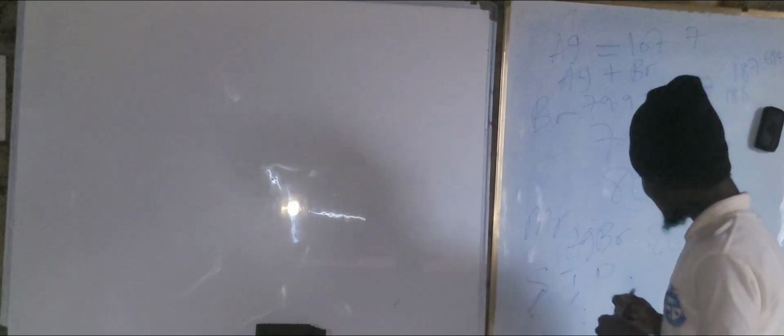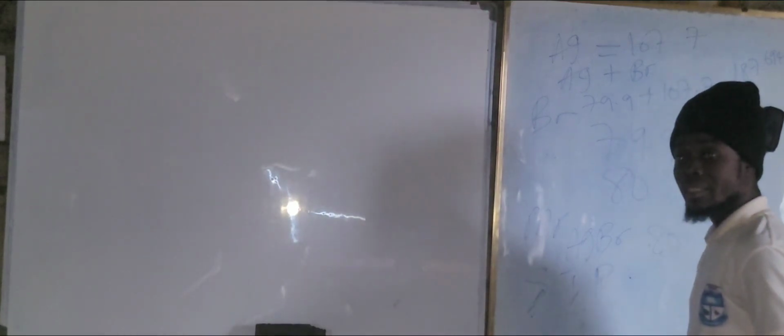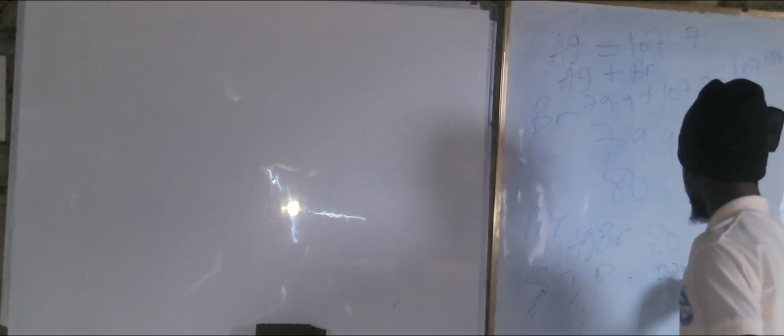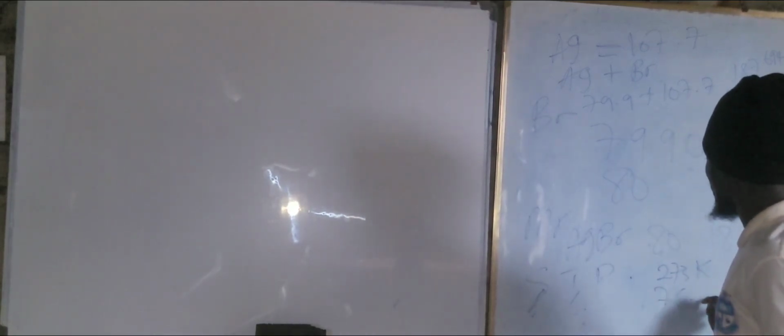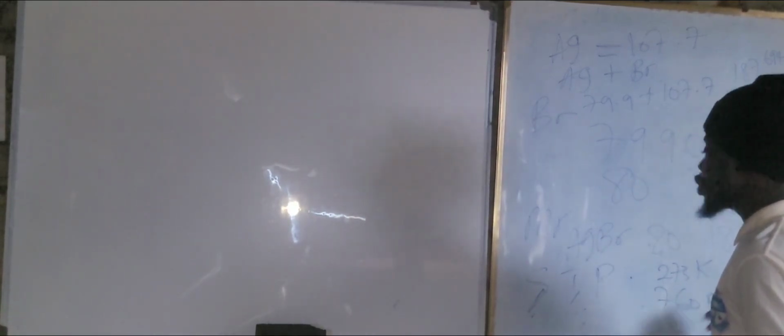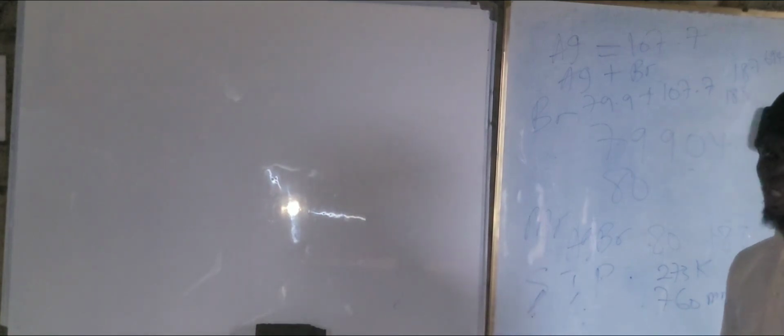The standard temperature is always 273 Kelvin, and the standard pressure is 760 millimeter mercury.